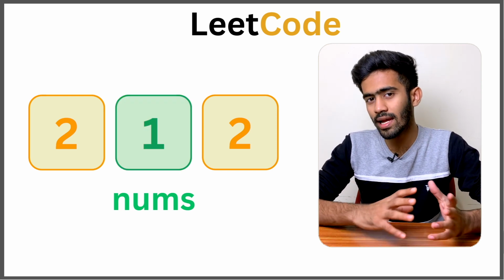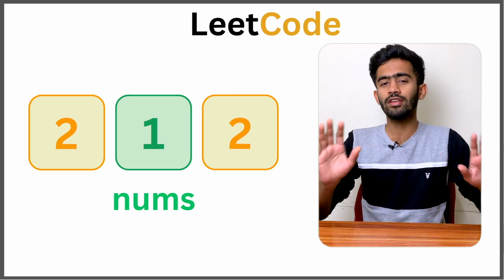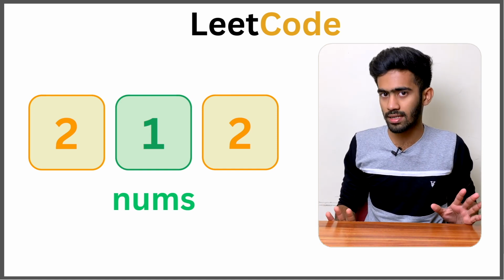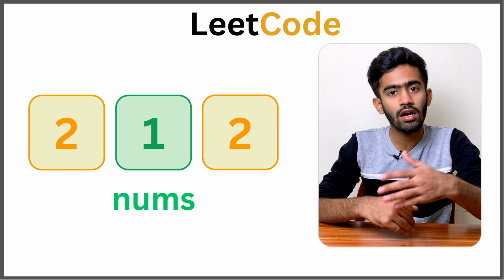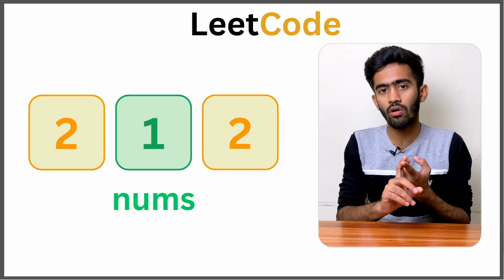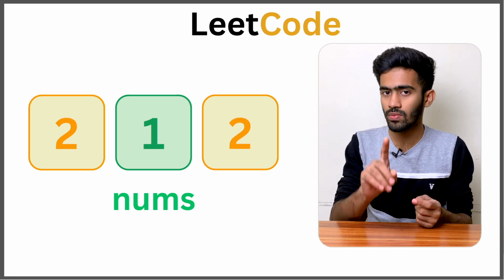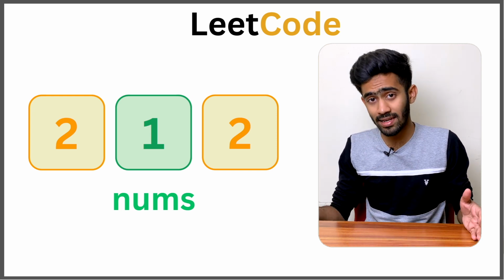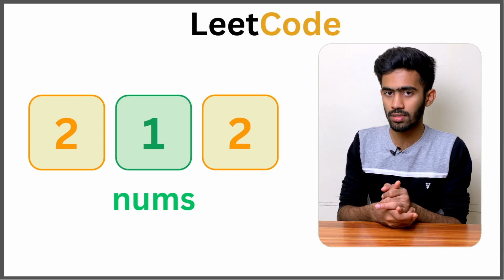So how do we develop an algorithm to find this? What would be the usual approach without any of those constraints? Our usual approach is to find the count or frequency of each and every element. What is the count of 2 in this array, which is 2? What is the count of 1 in this array, which is 1? Similarly, if we had n numbers, we'd find the count of each of them.